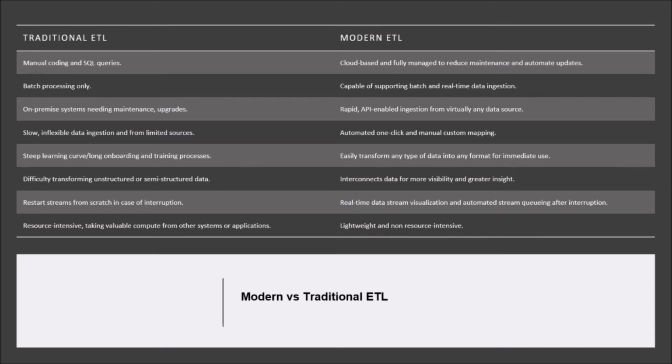Talking more about traditional ETL, one thing is the cost. In modern ETL the cost might be an issue, but it depends upon your architecture and what type of architecture your ETL process has.